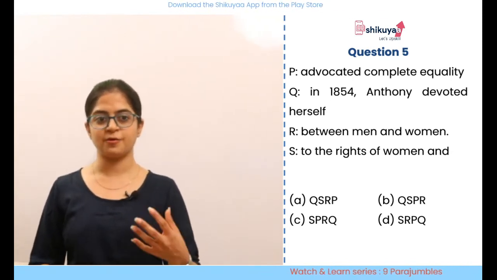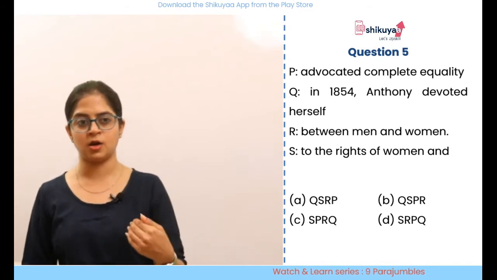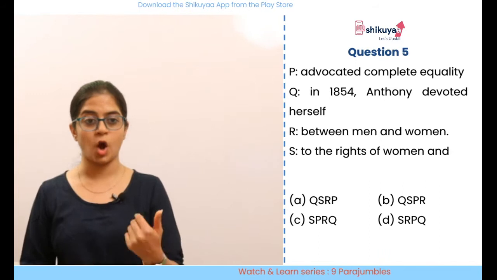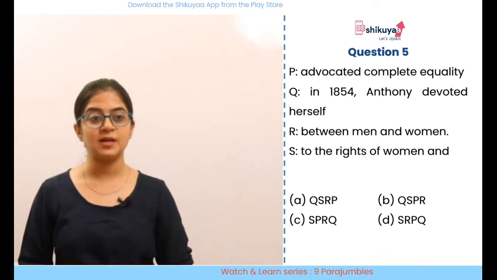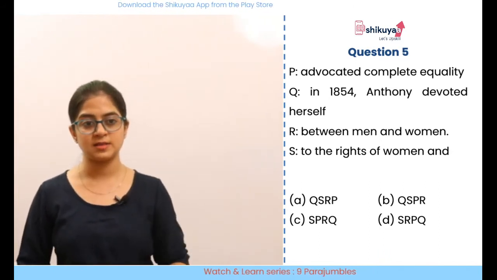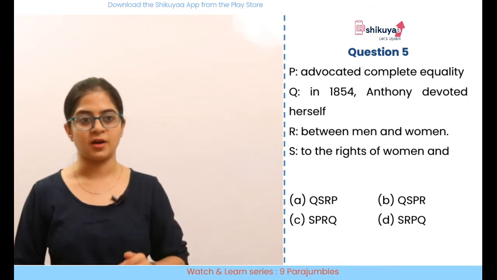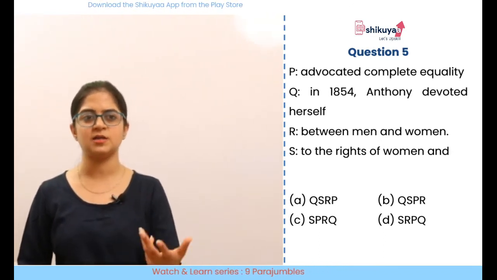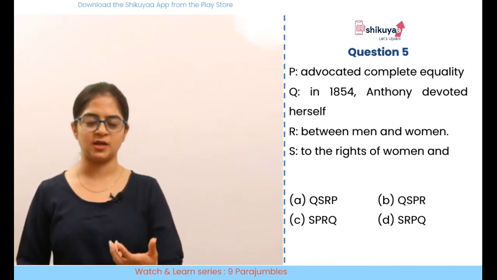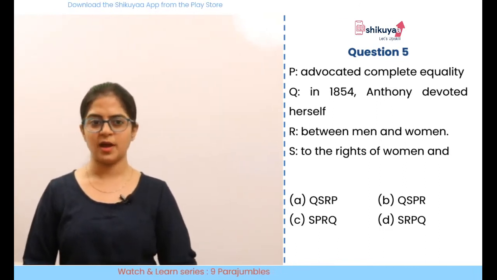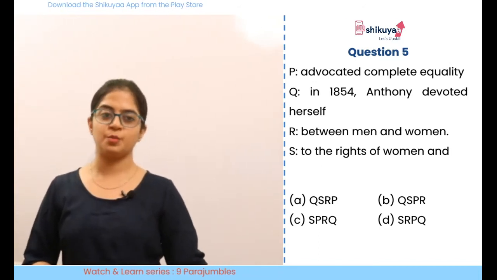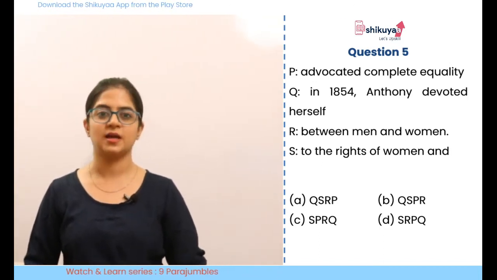So logically we can go with option B here, that is Q S P R, correct? So our opening sentence, which we can immediately recognize, is: in 1854 Anthony devoted herself. Clear? So the people who have selected option B, congratulations, it is the correct option.